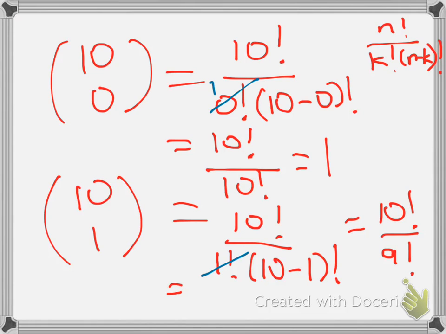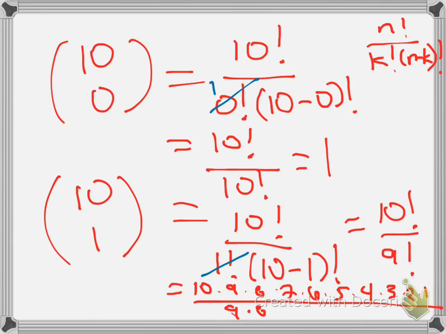But let's think back to what our definition of a factorial is. If we have 10 factorial, then that means we are taking all of the integers between 10 and 1 and multiplying them together. So we've got 10 times 9 times 8 times 7, 6, 5, 4, 3, 2, and 1. And then in our denominator, we're doing the same thing, only we're going from 9 down to 1.